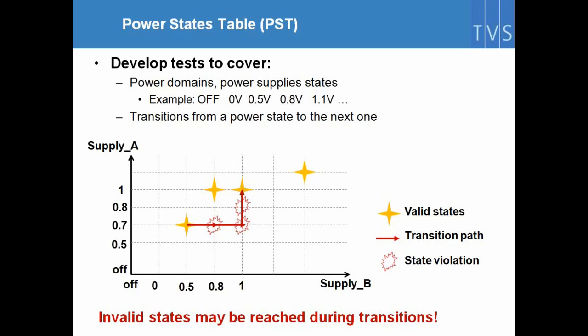When you move from one to another, you actually end up in power states which are not defined, not specified. So the tool reports errors because it's not specified, but on the other hand, these are just transition states, and you don't really care about what's going on there. But you still need to be sure that once you're in the final state, your design still behaves properly.